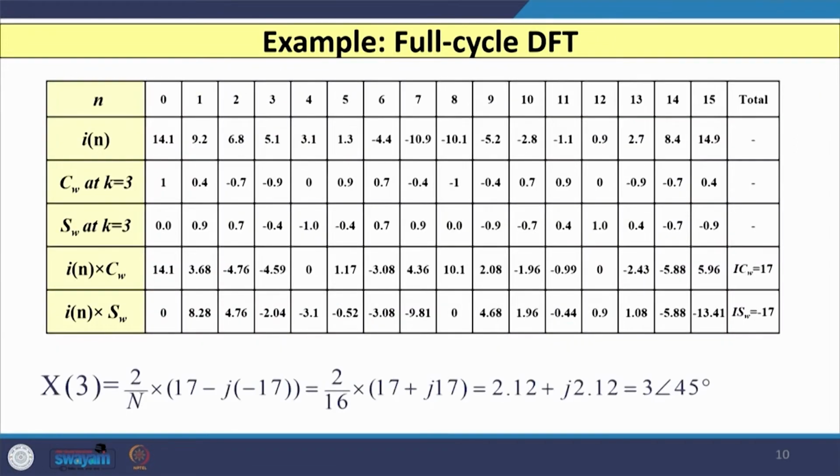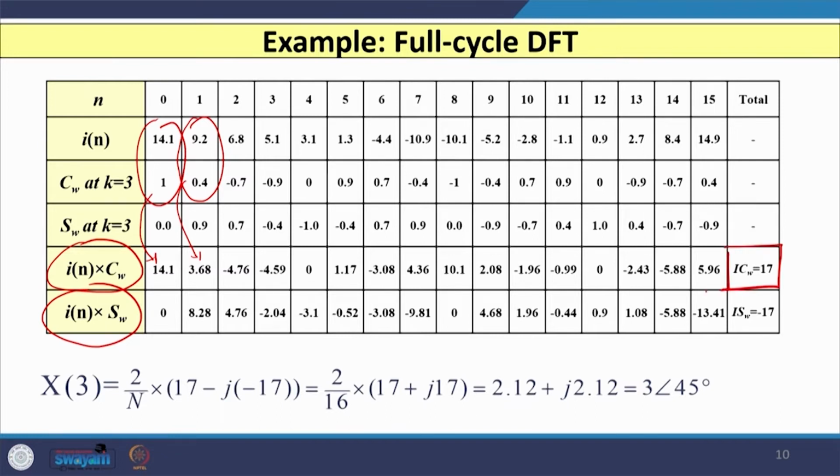Now, once we have the values of C_w and S_w for k equal to 3, you can multiply C_w with I_n and S_w with I_n. When you multiply C_w with I_n, you will have this value, and similarly you will have this value. In the same way, you have the value of I_n into C_w and the value of I_n into S_w. Then you add all these terms.